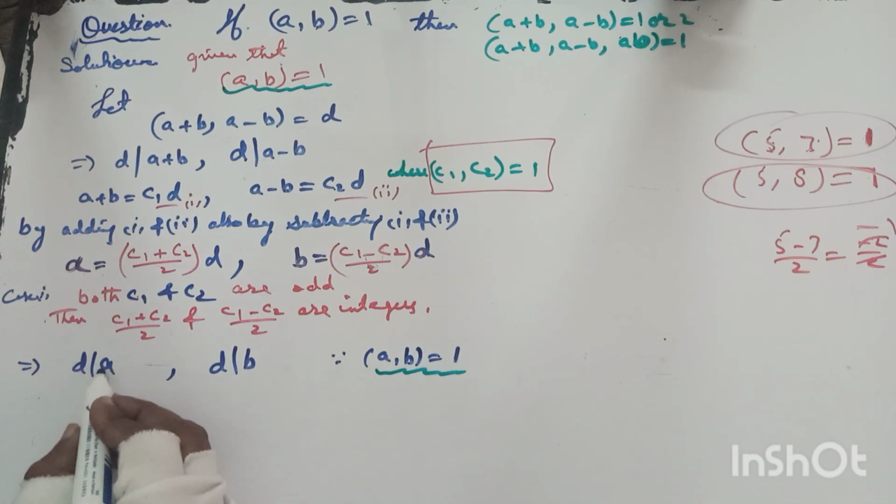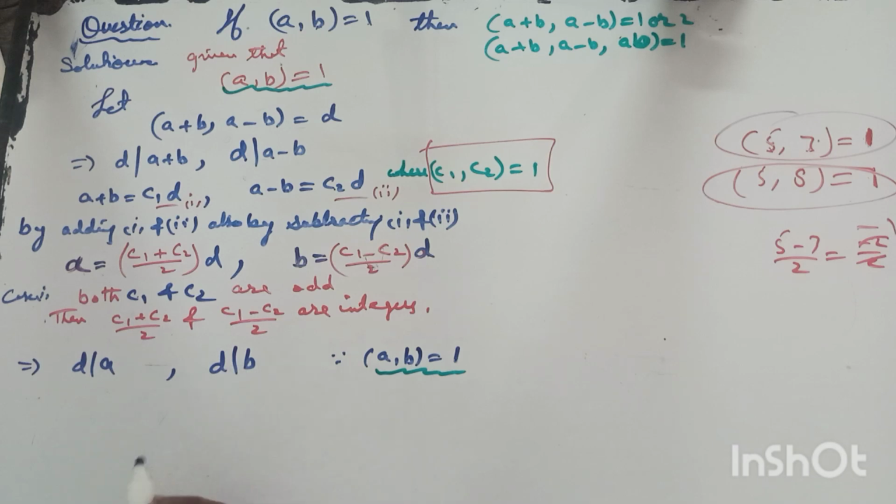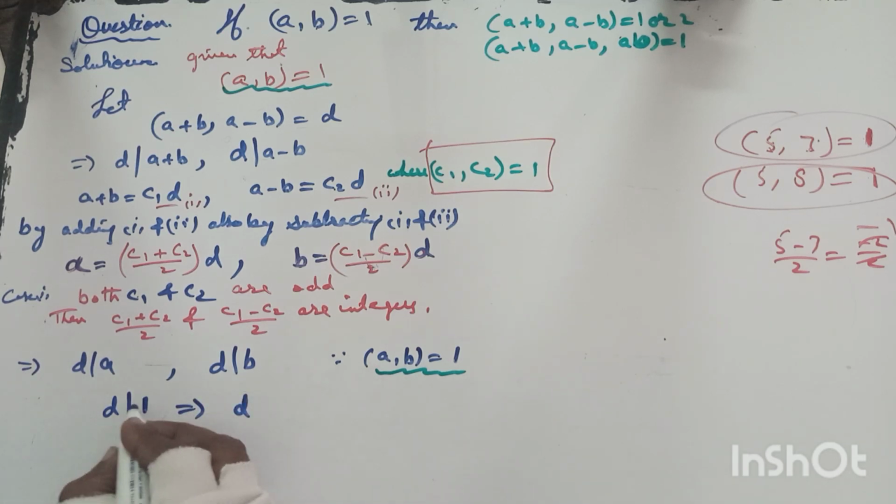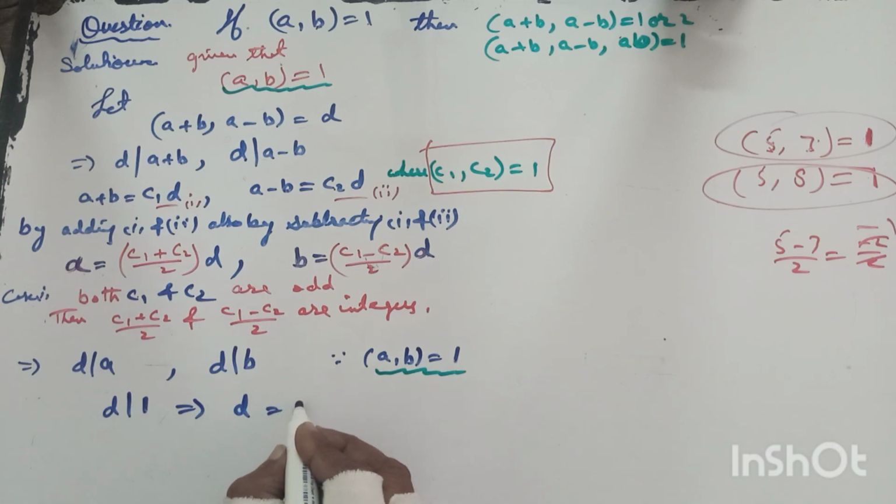D is a divisor of A and B, meaning a common divisor of A and B. So D divides the greatest common divisor 1, which implies 1 has only two divisors, plus 1 and minus 1.